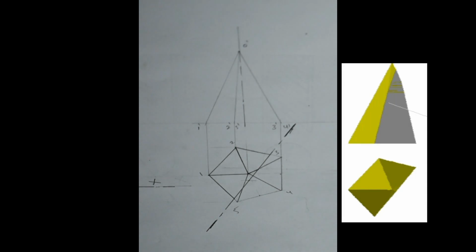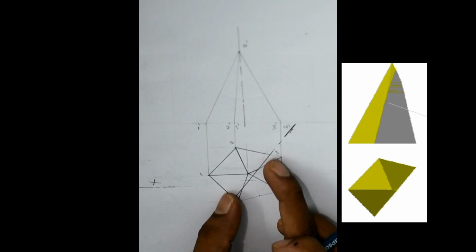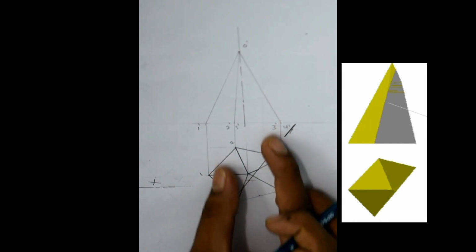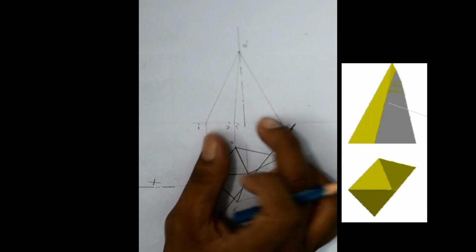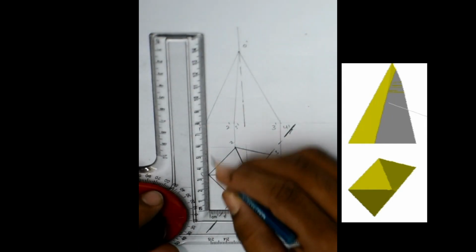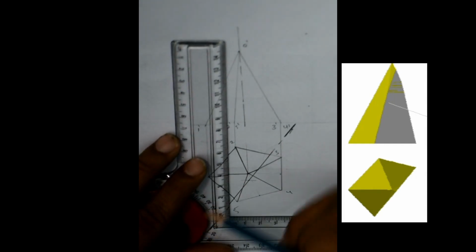Now, for the front view, you can see that as this portion is removed, we will get the projections of this from the section plane here in this fashion, and we will not get the whole front view. But as this edge is visible to us, I'll project the lines first.